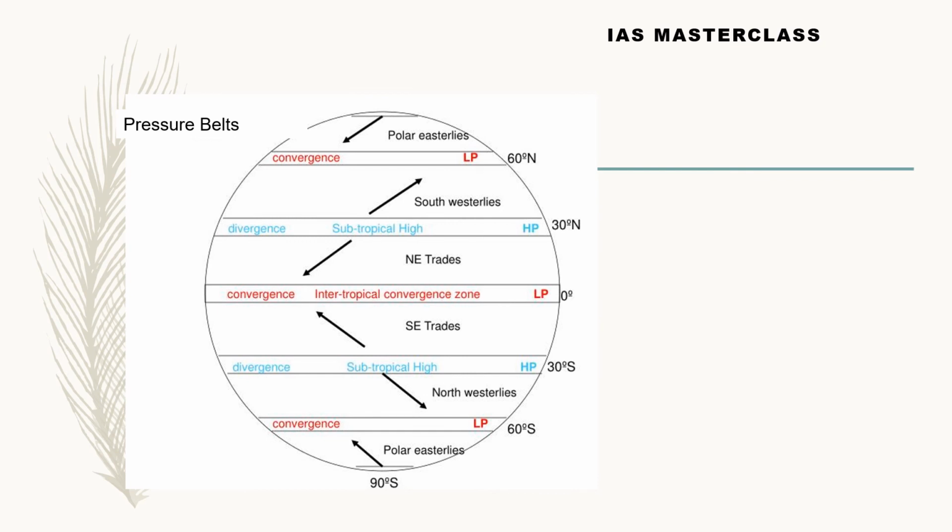Now, in 30° north and south latitudes, we'll have regions of descending air. Descending air increases the pressure in those regions. Hence, we have two more pressure belts, subtropical high pressure belts, one in the northern hemisphere and one in the southern hemisphere.